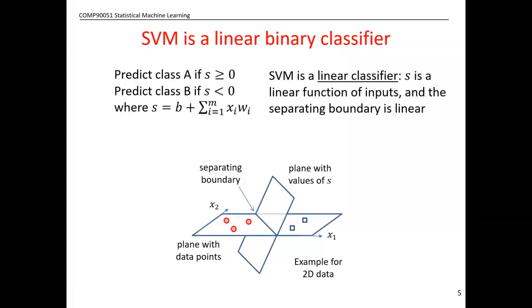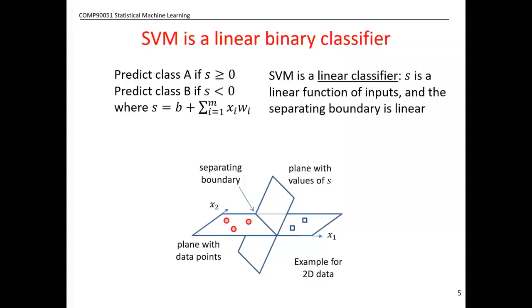When you see a picture like this, the flat plane with x1, x2 corresponds to the feature space, which is two-dimensional. The other plane sticking out of the feature space you can think of as the score function, the value that the weighted sum takes.